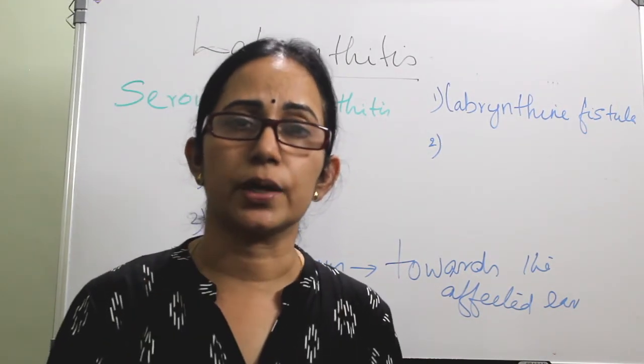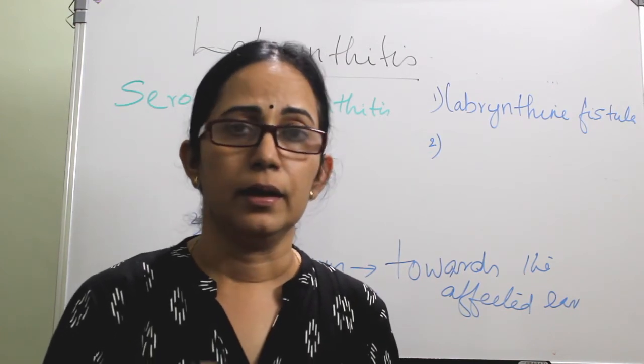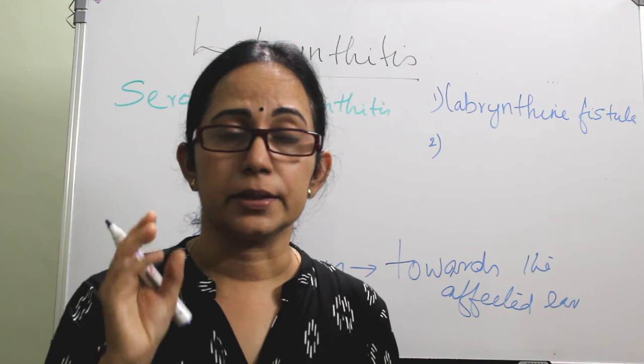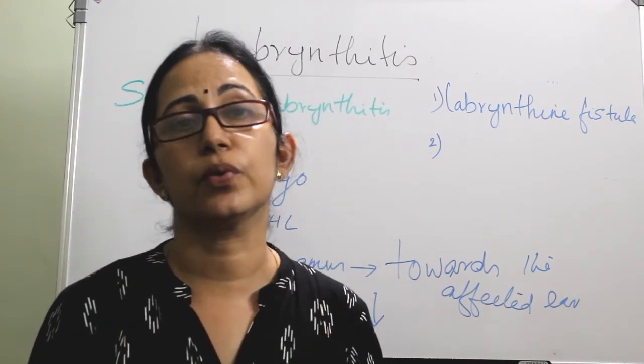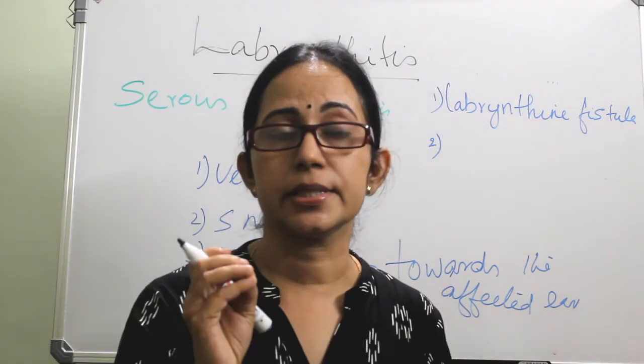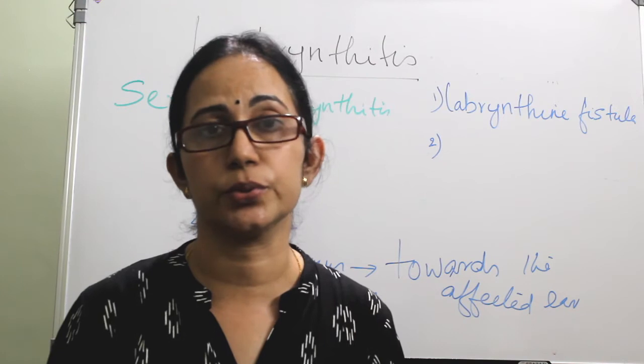If it is due to an acute suppurative otitis media, if the tympanic membrane is seen to be very much bulging, then you go for a wide myringotomy, take the fluid for culture and sensitivity, and start antibiotics according to culture and sensitivity.